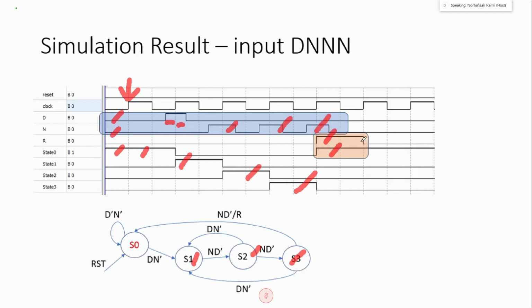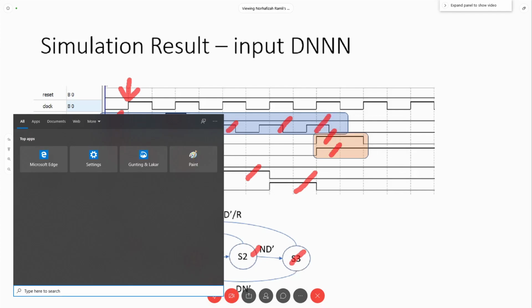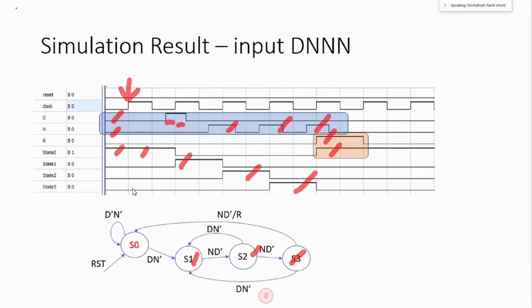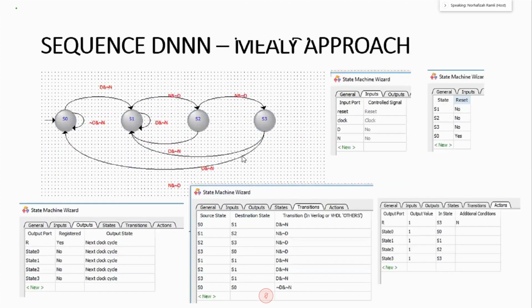Now, the R is nice in one clock pulse, because for Mealy, actually, it's not as nice as this. Probably it would just stop here at 0. But because the changes here are slightly different in my simulation, I think it's better, because I say the R is registered.